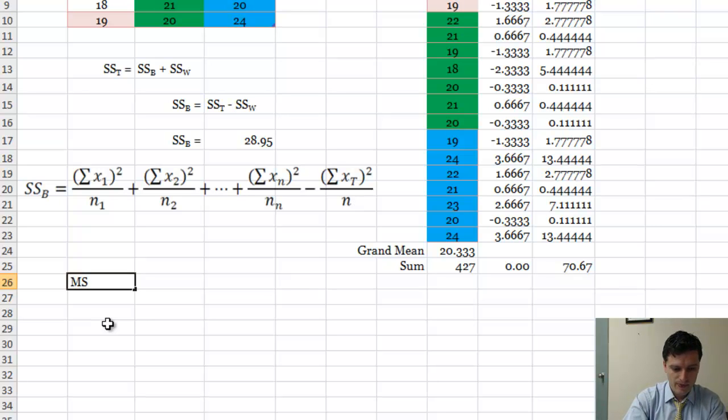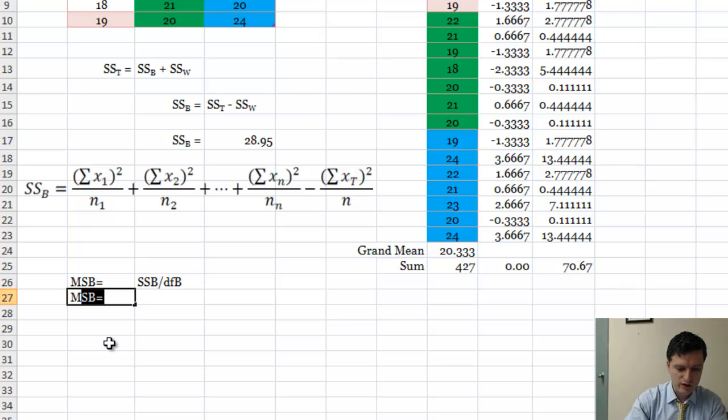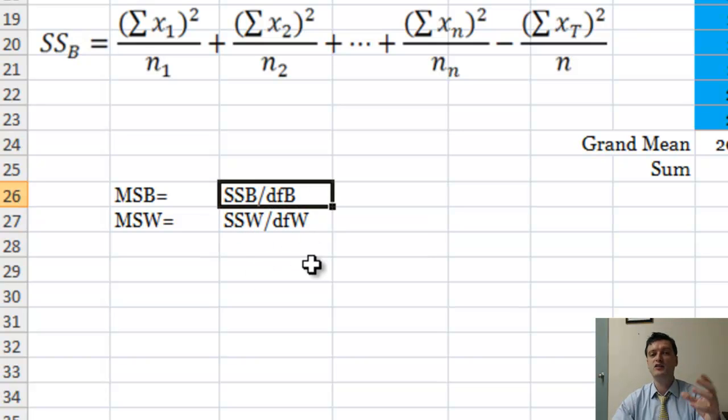So the mean square between groups will be equal to the sum of squares between groups divided by the degrees of freedom between groups, while the mean square within groups will be equal to the sum of squares within groups divided by the degrees of freedom within groups. So now we have the sum of squares between groups and the sum of squares within groups. We don't have the degrees of freedom between groups and the degrees of freedom within groups.